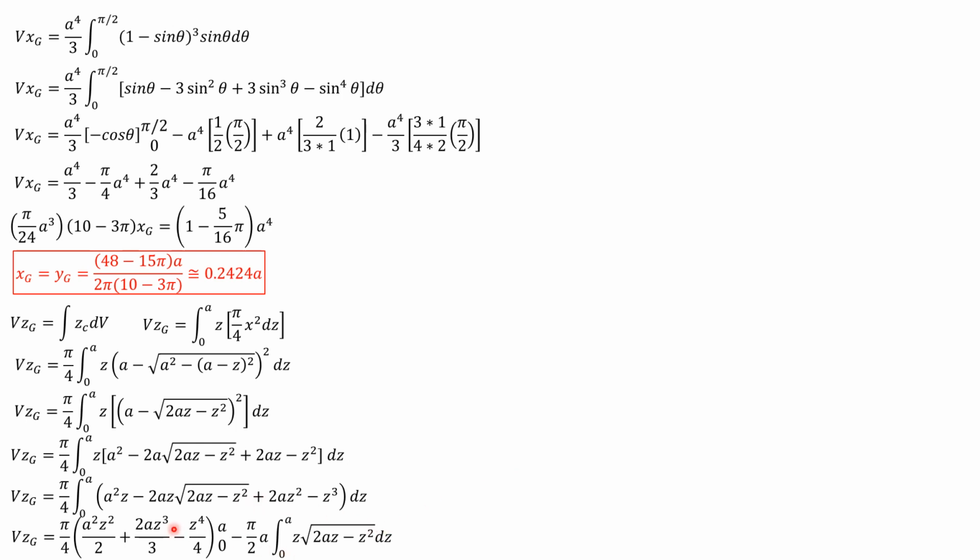So let's focus here, but we have to substitute limits for this first term. So volume G sub z is 11 pi over 48 a to the fourth, that's the value here. Then minus pi over 2a integral of z square root of 2az minus z squared dz.